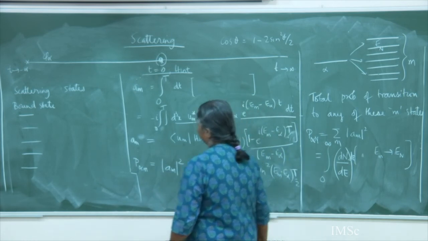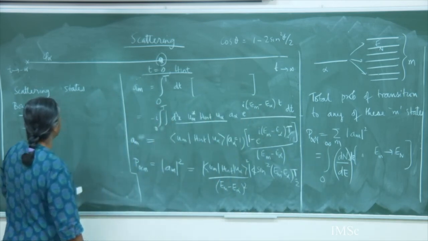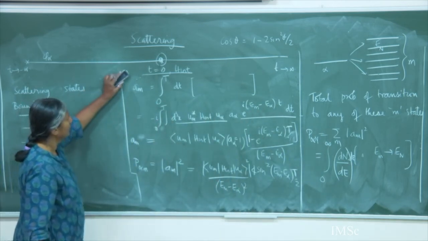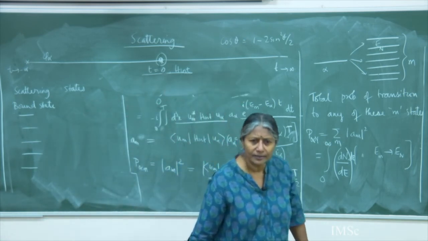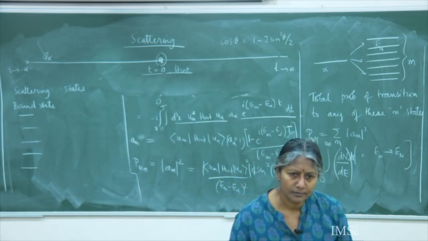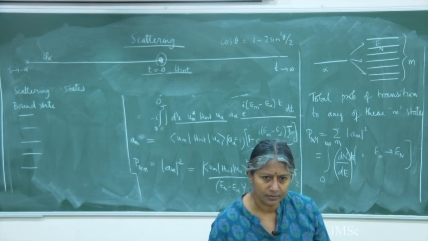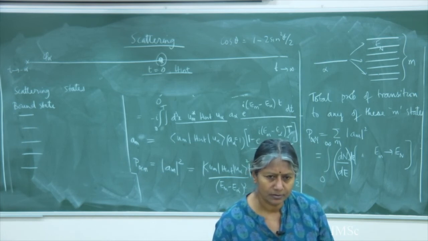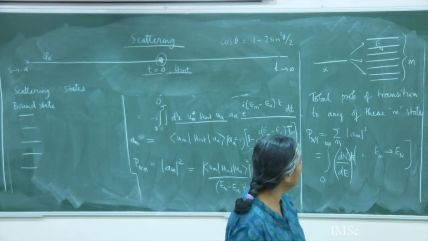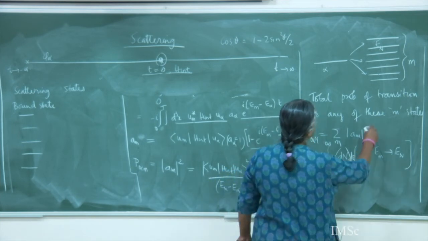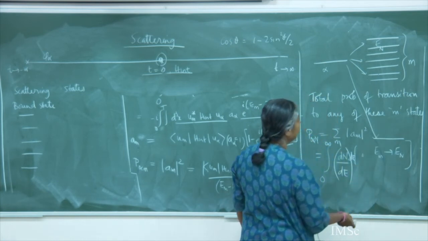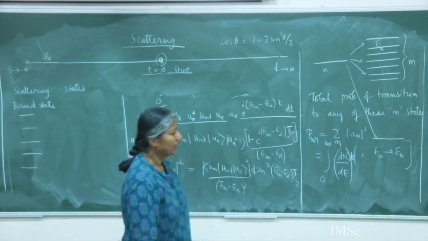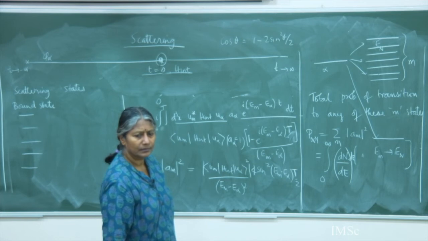Always alpha was the initial state, that never changes. Sum over all n, we get 1, right? Probability the particle will go anywhere is 1, right? No, no, no. How can it be? Because if I take the state which is so far away, the energy denominator will kill it, right? But we are summing over m also.